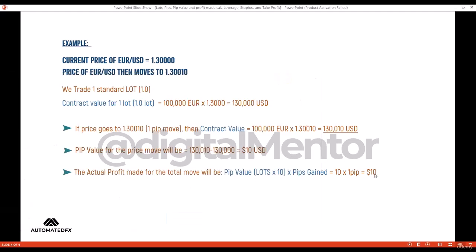We'll have made $350 for a 35 pip movement of a Euro USD trade placed with one standard lot. So that's as simple as that. Now you understand what we mean by pip value. You can calculate the value of a pip, and the actual profit you've made for whatever amount of pips movement your trade makes.